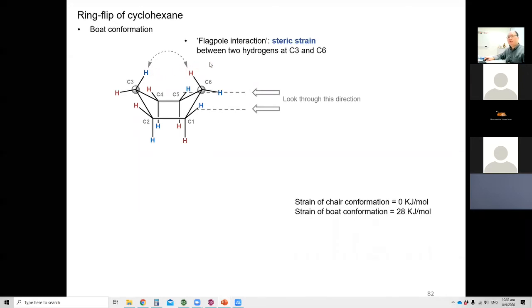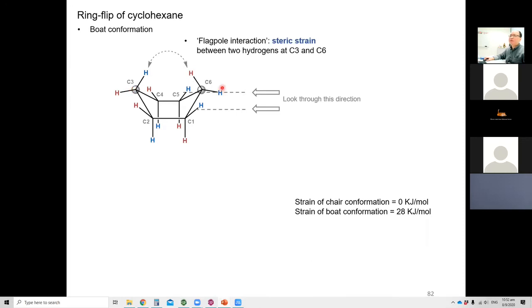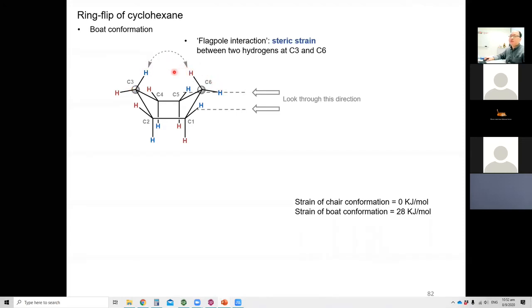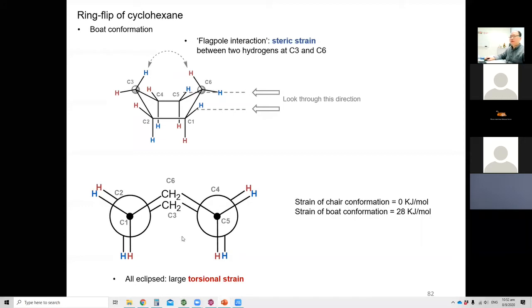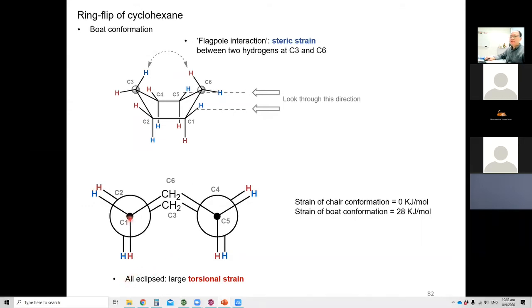So it's not a torsional strain because these carbons are not bonded, okay? You do not rotate the bond to create a strain. It's steric because they are non-bonded groups that are too close to each other. Okay, and if you look through this direction of this molecule, you can see that C1, C2, C4, C5, all these CH bonds are eclipsed.